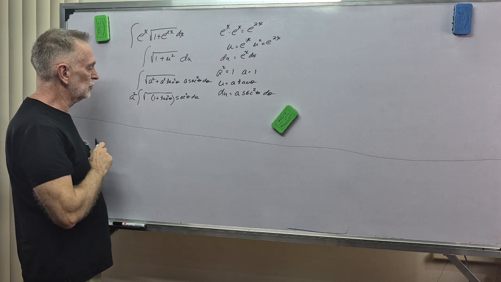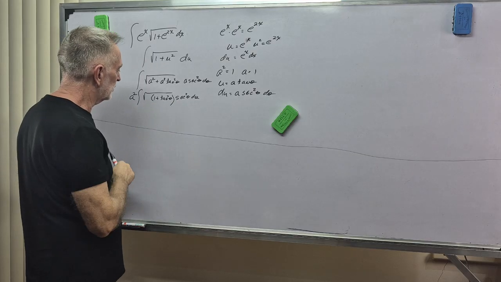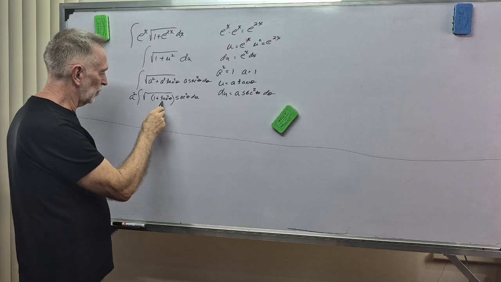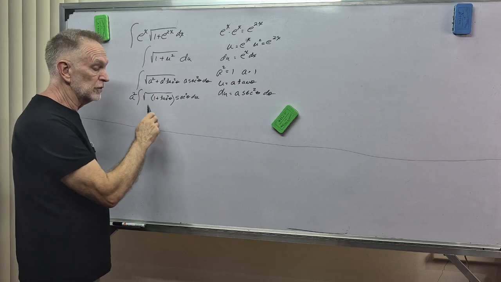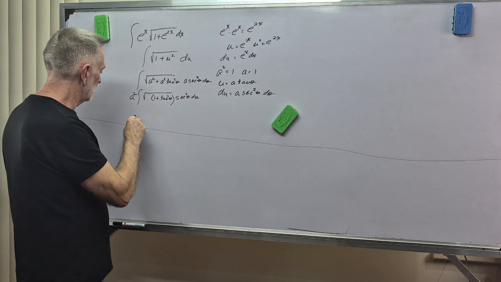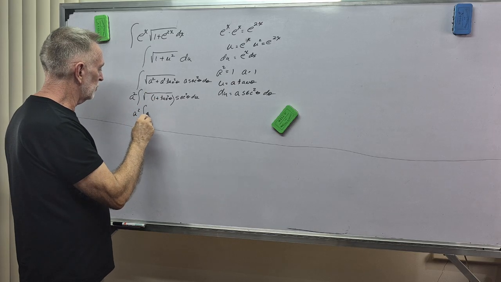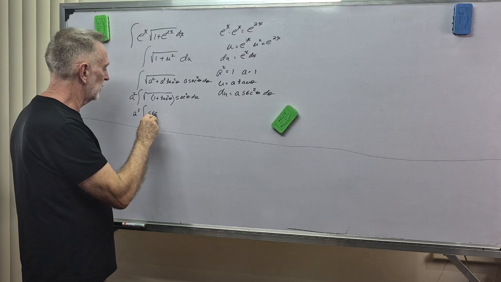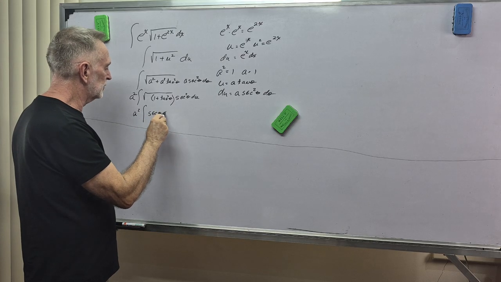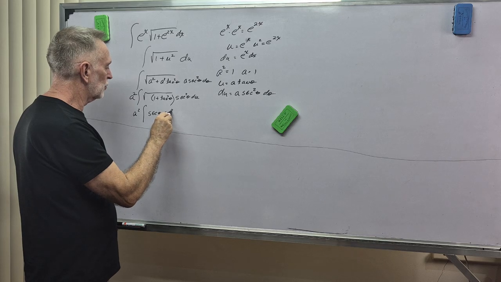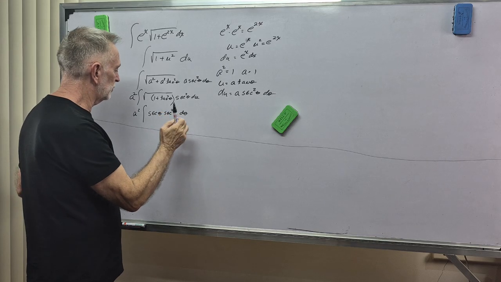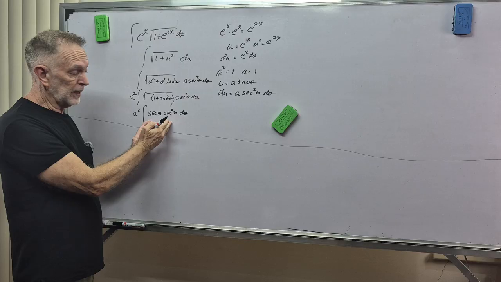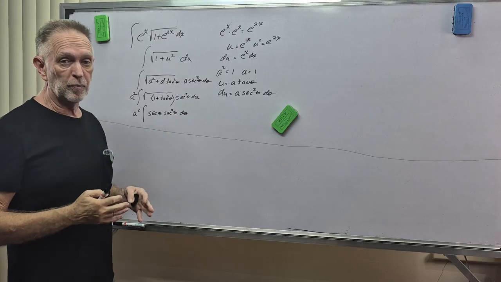That becomes a squared. 1 plus tangent squared is secant squared. Square root of secant squared is secant. So I have a squared, the integral of secant theta times secant squared theta d theta, which is secant cubed theta.